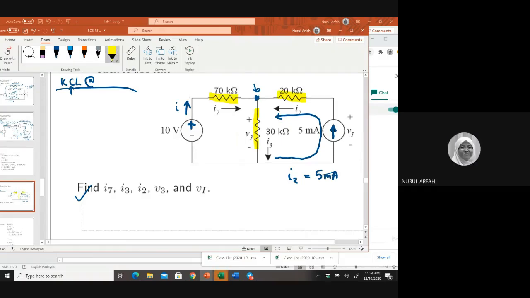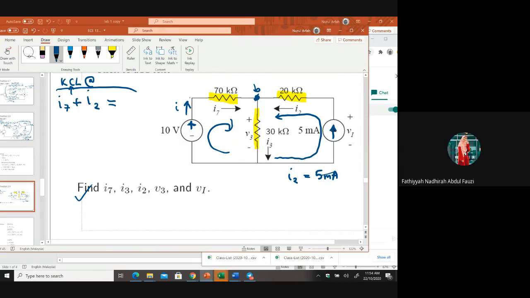Yes. Because of that 3, you need to have 3 elements in your equation. So what is the current entering this node? I7 and I2. Okay, I7 and I2 entering current. Entering current should be equal to leaving current, right? So what is that leaving current?